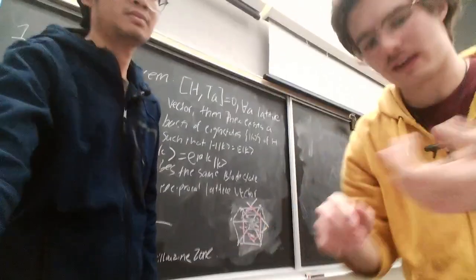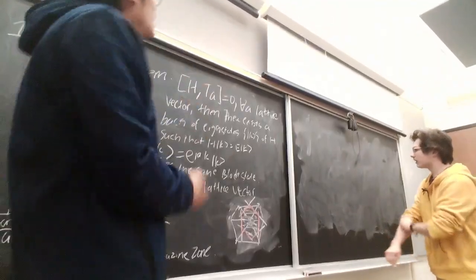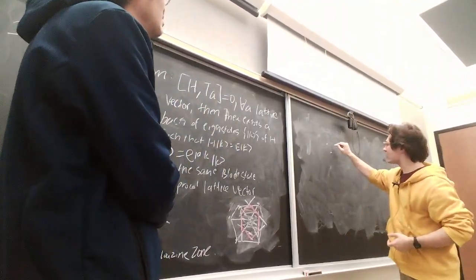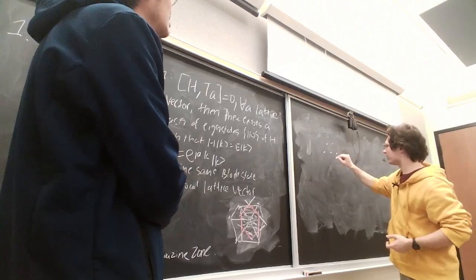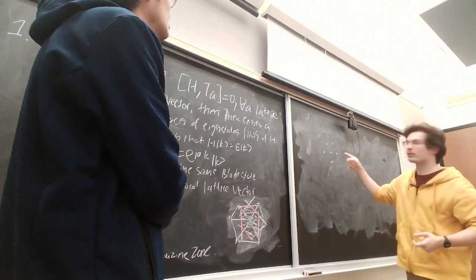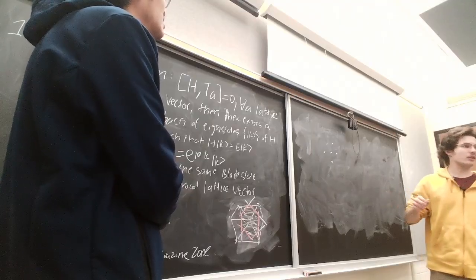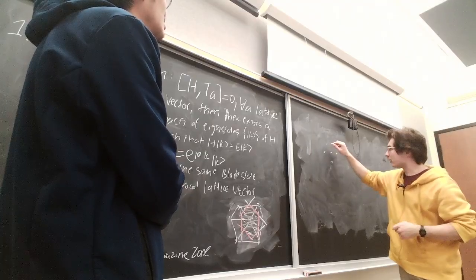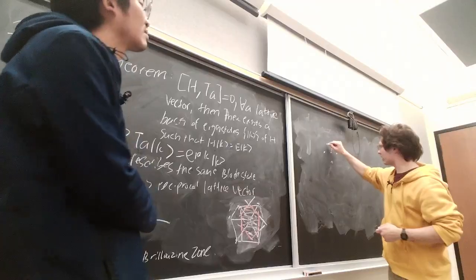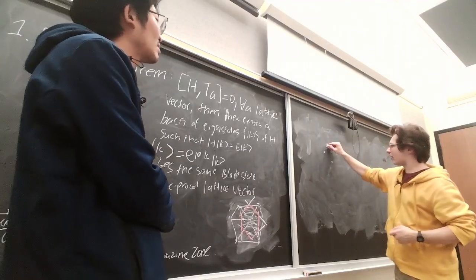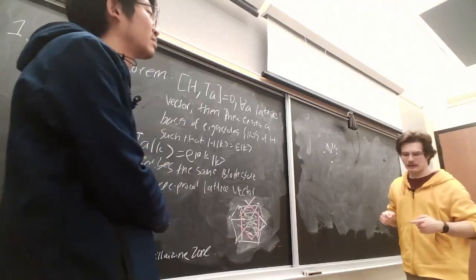Here, what the discussion was: suppose you had a lattice which looked something like this. Suppose this was your real space lattice. Do you agree? Then I want to find reciprocal lattice vectors. Suppose this is A1, this is A2.